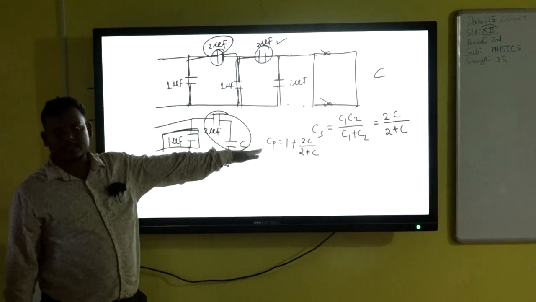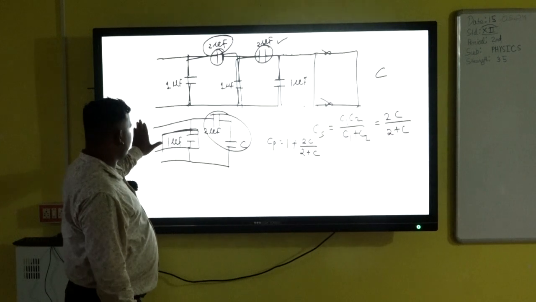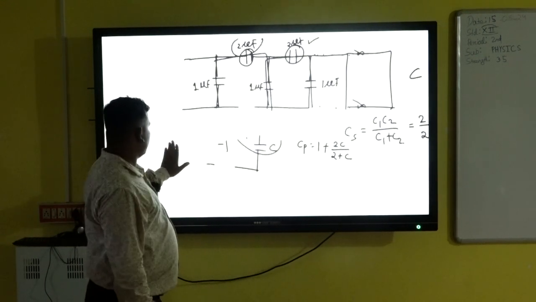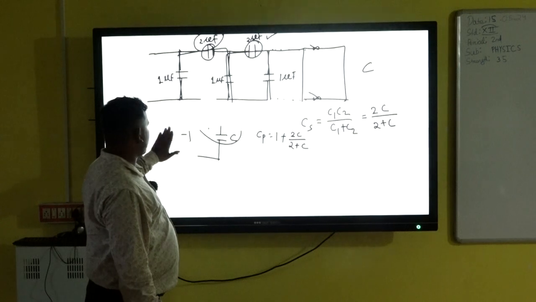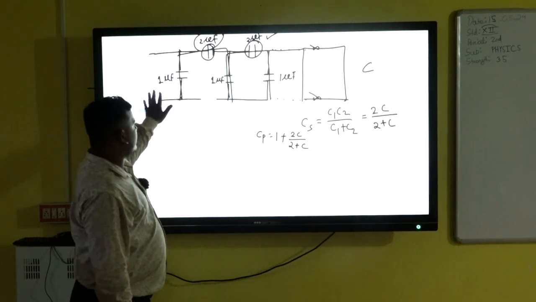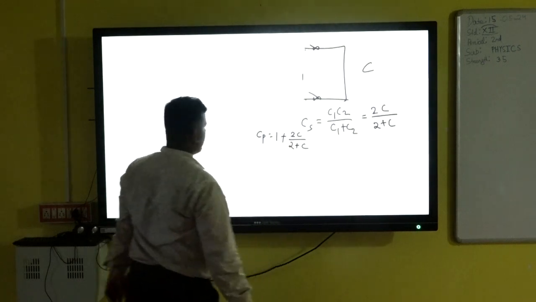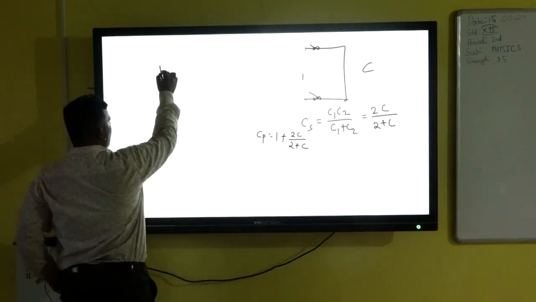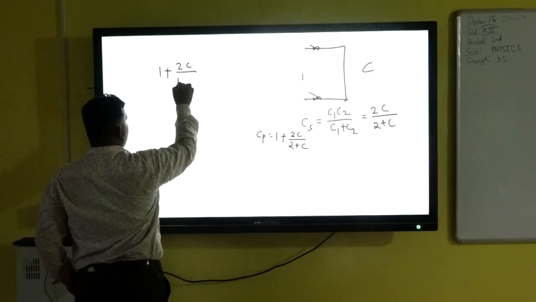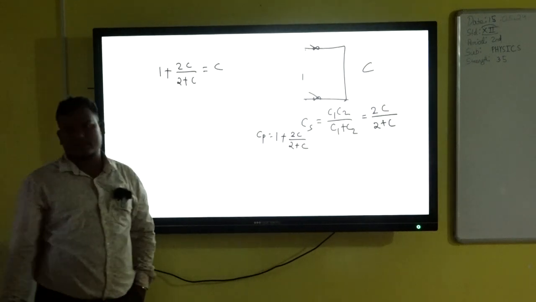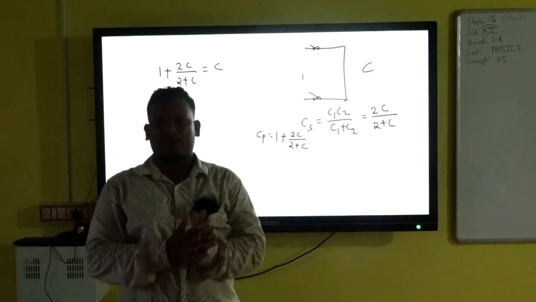The total capacitance of this circuit will be equal to 1 plus 2C by 2 plus C equal to C. So one is your series and the other is your parallel.